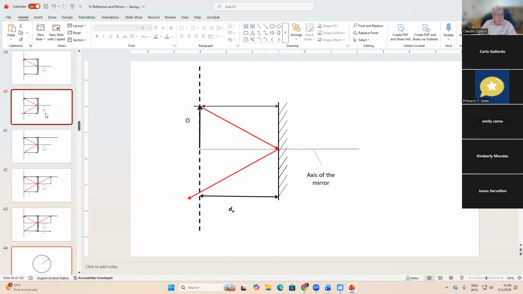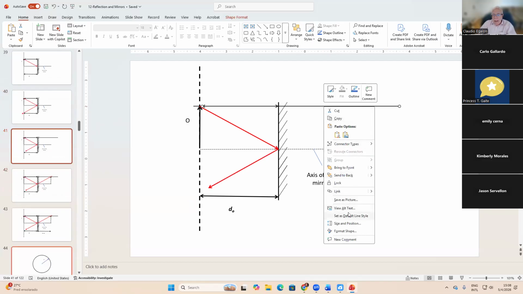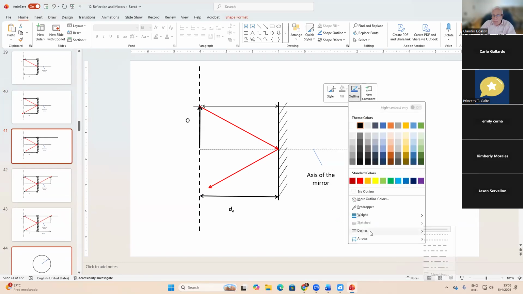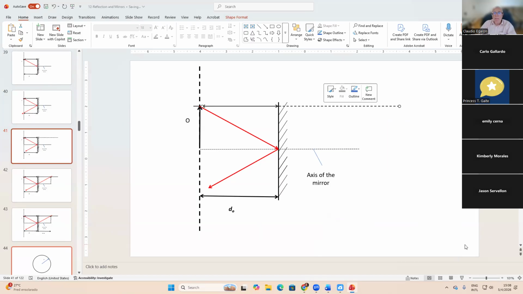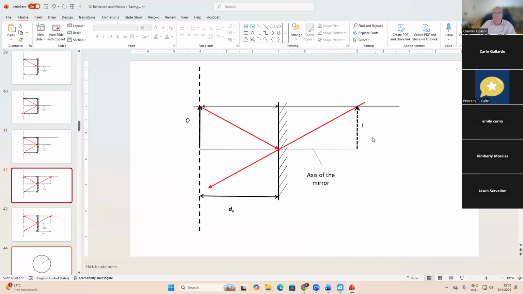Now, next, what do we do next? We extend the reflected light ray behind the mirror, just like we did before. And this one here, I'm going to do that dashed. And the second light ray, let's see if I can do dashed as well.